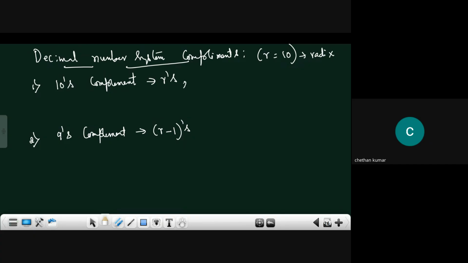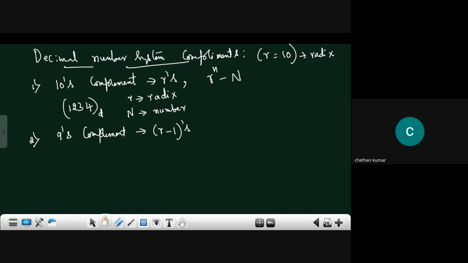The 10's complement is denoted by R to the power of n minus N. Here R is the radix, and capital N is the number. Let's say I give one number. What is the 10's complement of this number? How do we find the 10's complement of this decimal number?